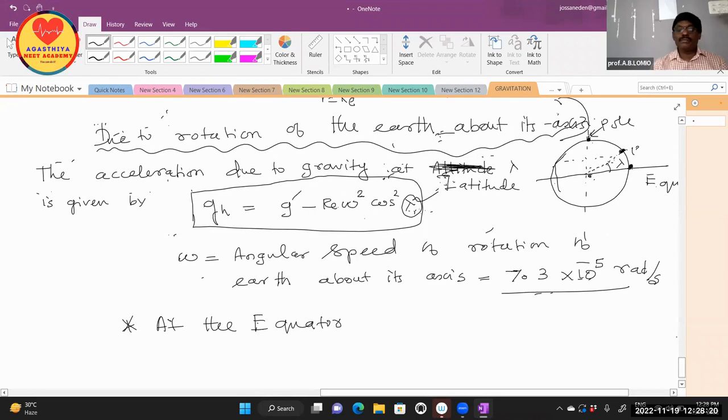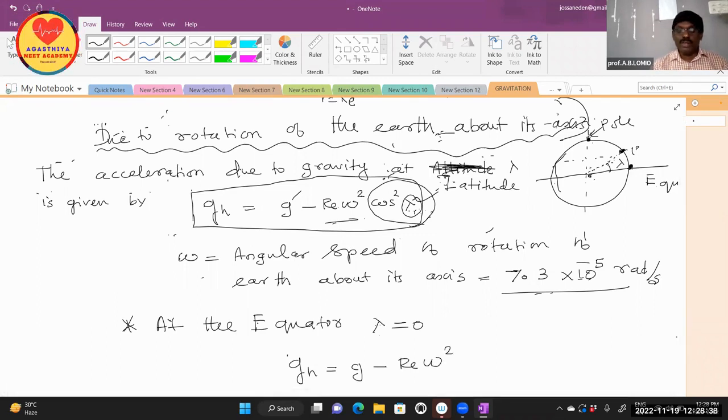At the equator, lambda is equal to 0. When you put lambda as 0, cos 0 is 1, so this quantity becomes 1. Therefore, the remaining quantity, that is g h, is equal to g minus RE omega squared only.